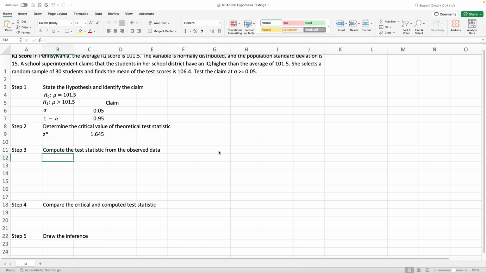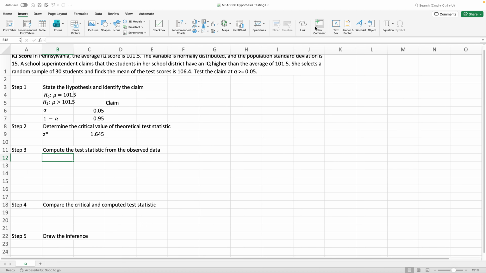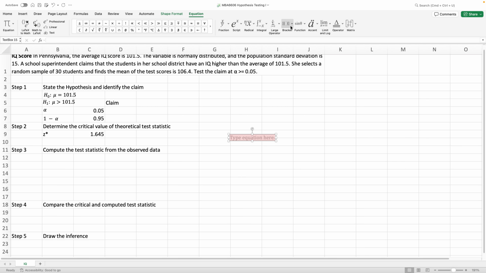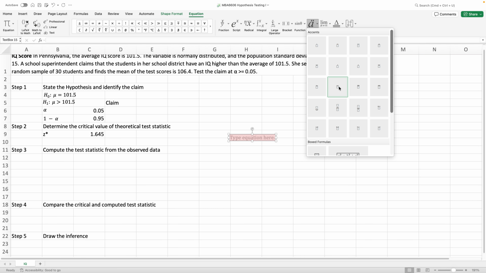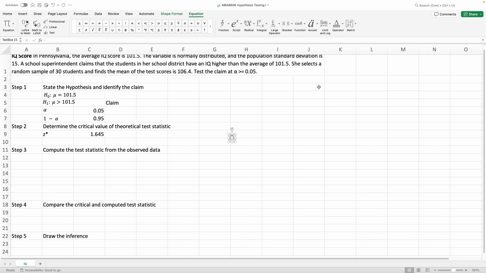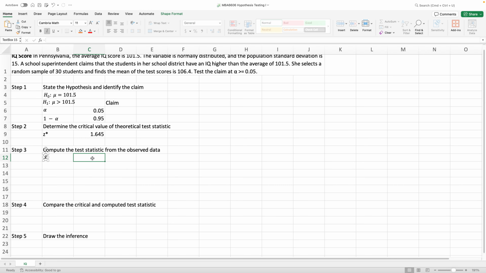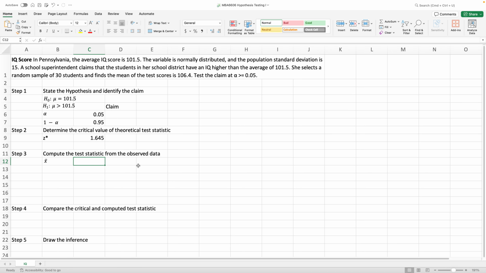So let's start with the sample mean, which is 106.4, the observed sample mean.